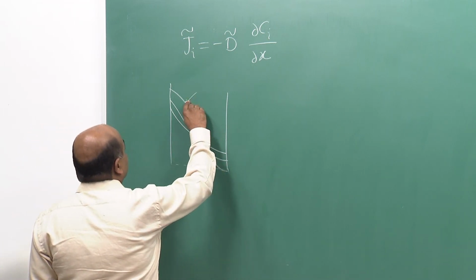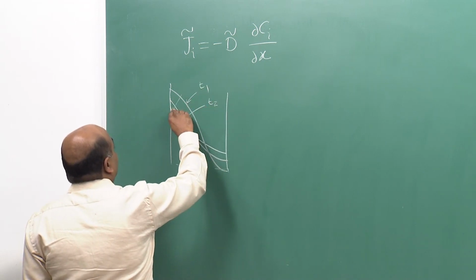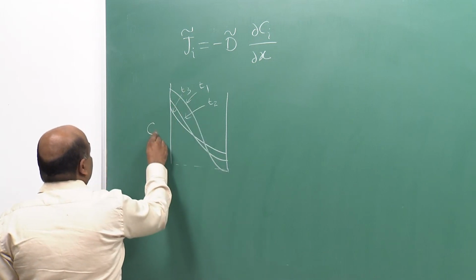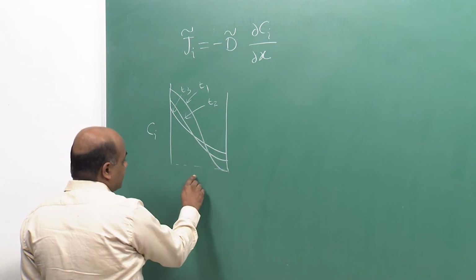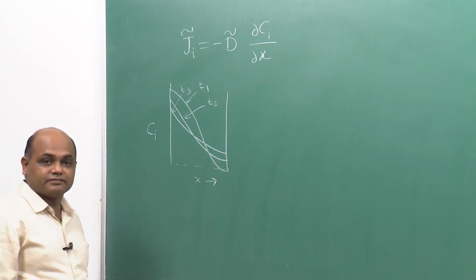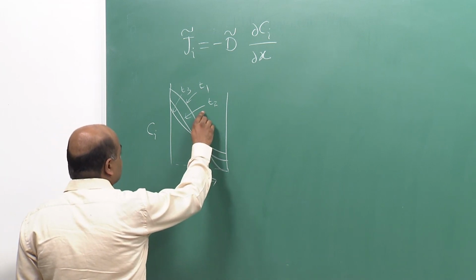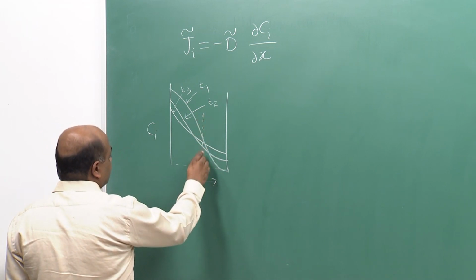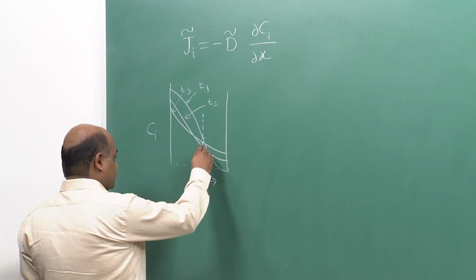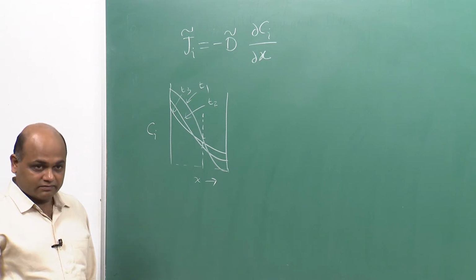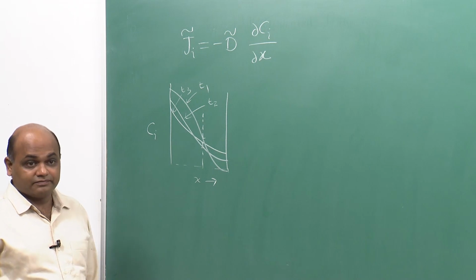If we write these as T1, T2 and T3, at any particular time, let us say at T1, Ci is varying as a function of x, but if you consider any particular x, Ci is also varying as a function of time, and that is the reason we are using the partial differentiation sign here.